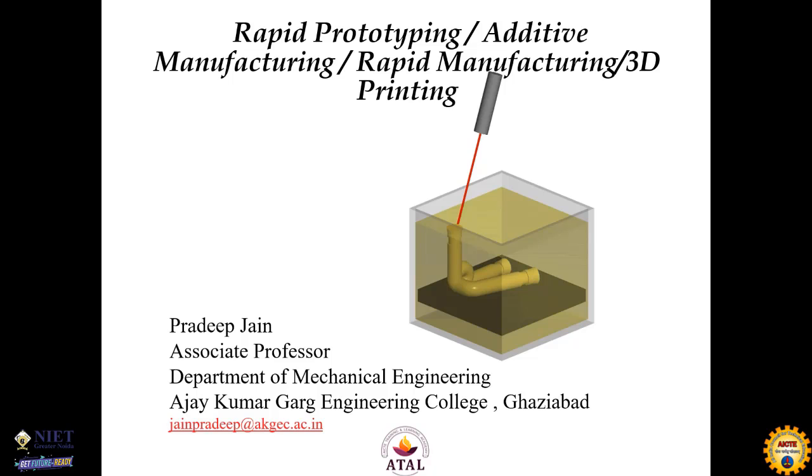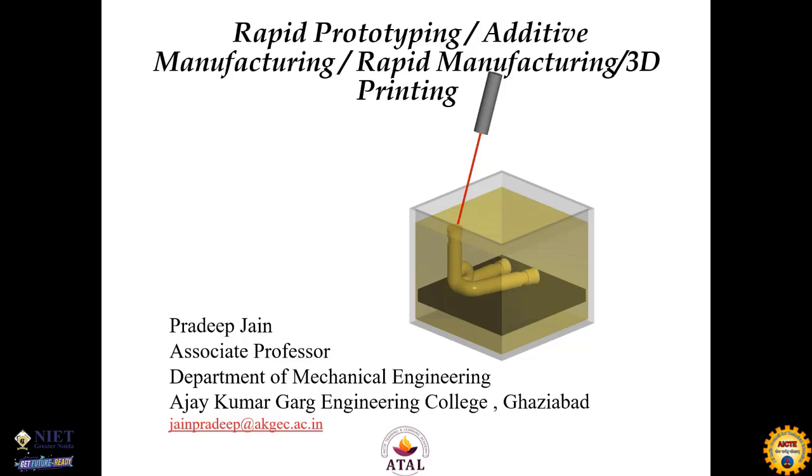Yes, FDM. SLA is basically selective stereolithography apparatus, and FDM is fused deposition modeling. The basic difference is in technology. In SLA, we need a laser to cure the photopolymer.